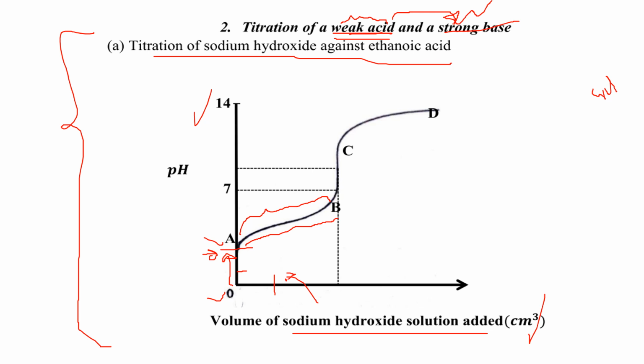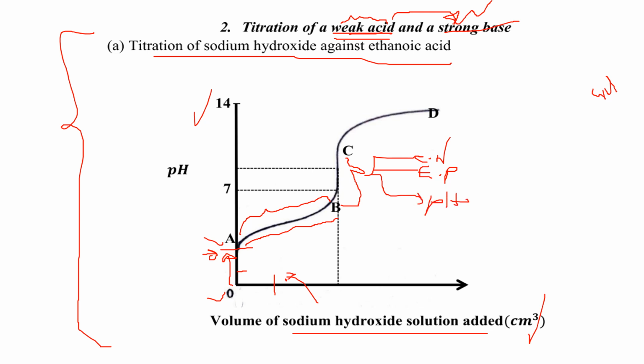So along B to C, you are going to see that pH is sharply increasing. And we say that at this point, you give 3 points. First of all, it's a region of complete neutralization. Secondly, complete neutralization is because an end point is being reached. And thirdly, you explain the pH which is present at the end point.